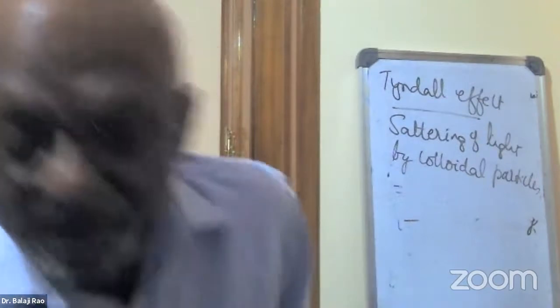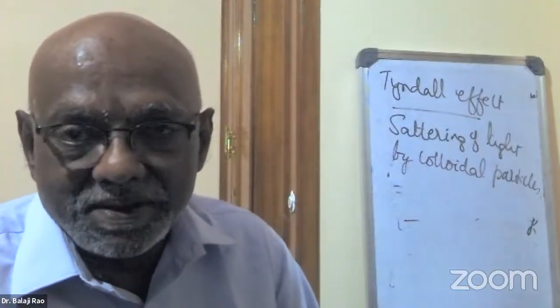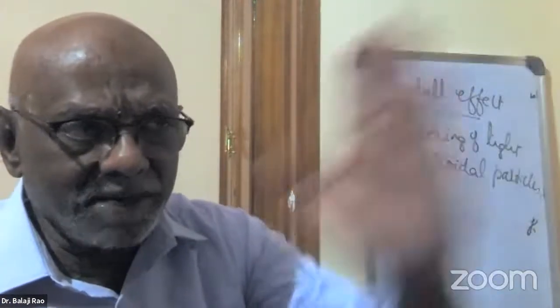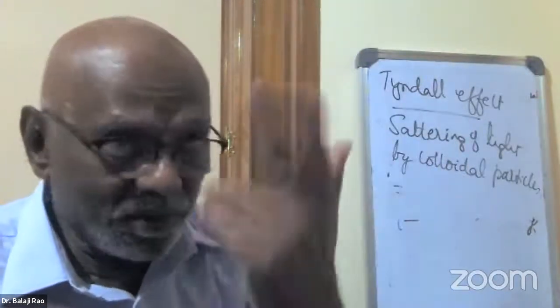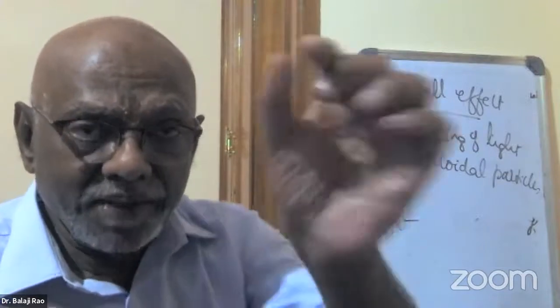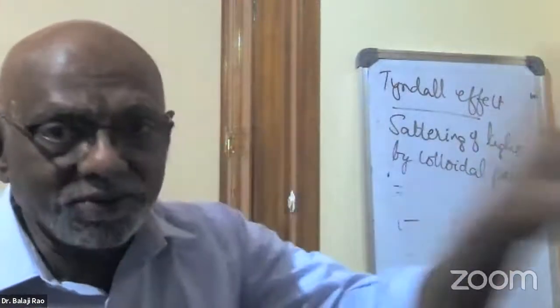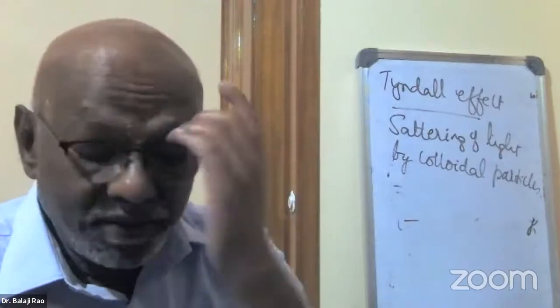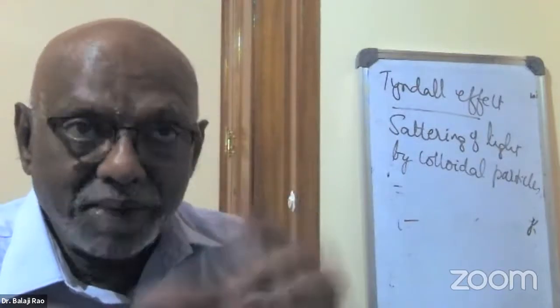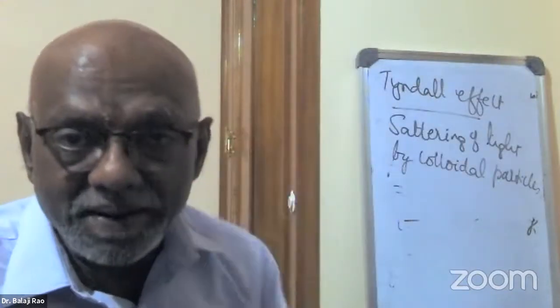So when you wake up in the morning, if you have woken up at the time of sunrise, you can see the beam of sunlight passing through one of those small gaps in the window, in case you have window curtains, drapes, whatever you have. If you are lying down, you can see the path of the light beam, where you can see tiny, tiny particles floating about. With the normal eye, you cannot detect these particles, but in the presence of that strong beam of light, you can see these particles actually floating in air.